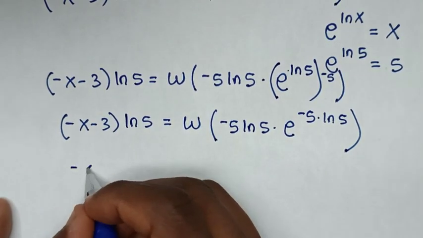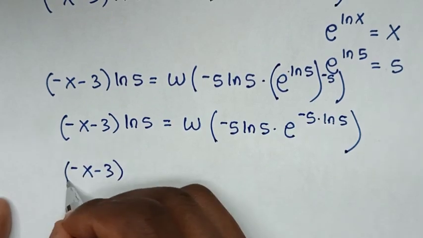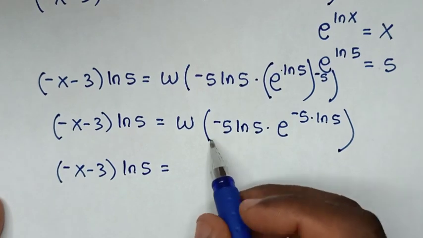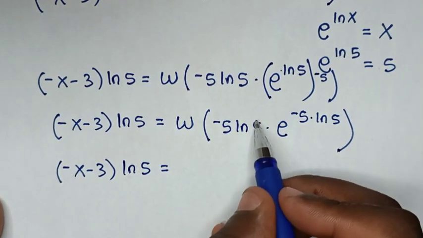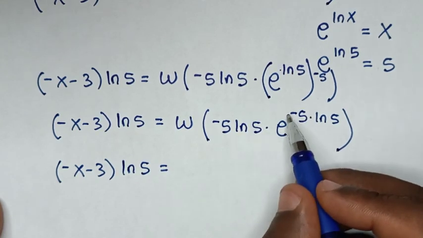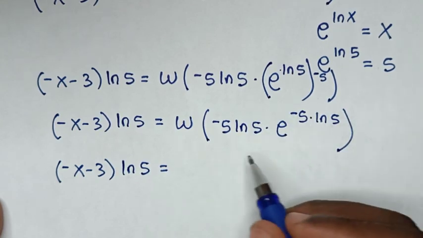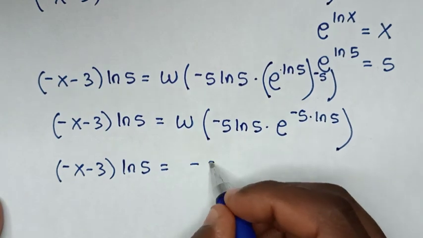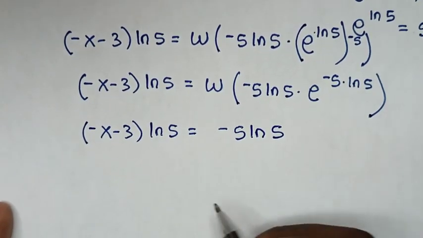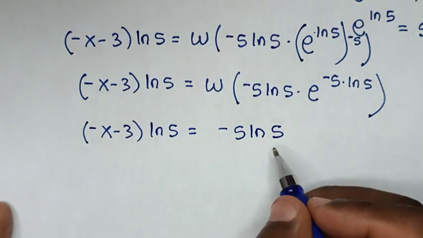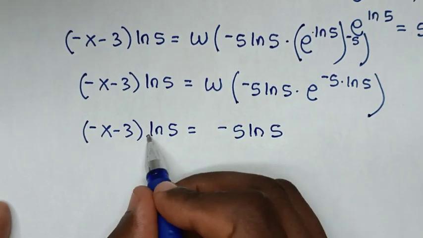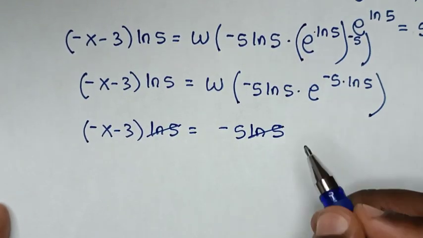So it will be (-x - 3)(ln 5) is equal to, in here you can see same base of -5 ln 5, same power of -5 ln 5. So this is same as -5 ln 5. Then ln 5 is on both sides, so when we divide by ln 5 on both sides, this ln 5 will cancel this ln 5.